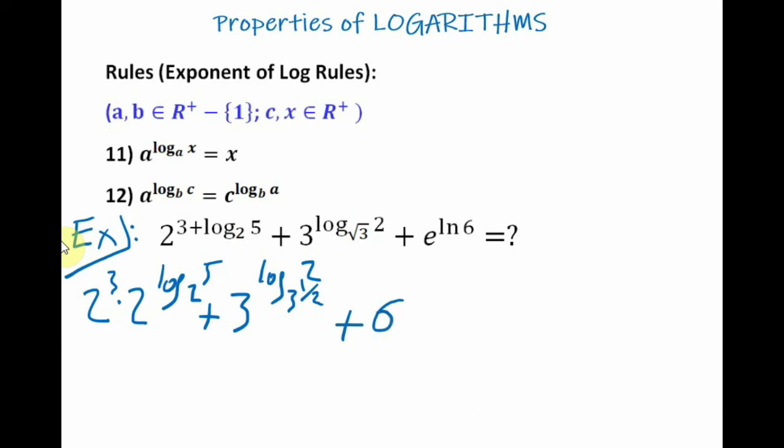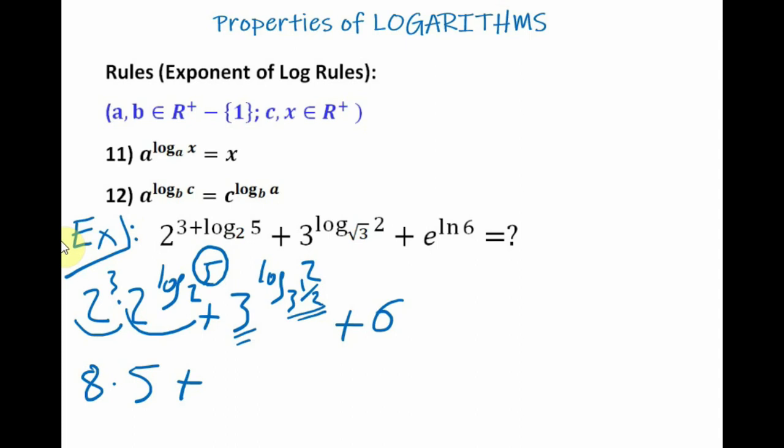From the first term, 2 to the power of 3 is 2 times 2 times 2, which is 8. 8 times, and here, in this term, the bases are the same. The base of the number and the base of the logarithm are the same, so this is going to be equal to 5. Plus, in the next term, we have 3 here, and if we can have 3 in the base of the logarithm, then we can easily solve the rest of the question.